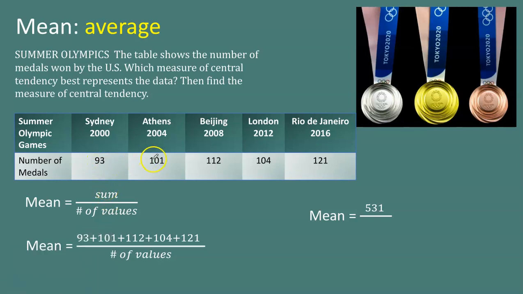There are 1, 2, 3, 4, 5 of these data values. So we'll take that sum and divide by 5, and we get a mean of 106.2. What this means is that, on average, at the Summer Olympic Games, the US wins about 106 medals in all.